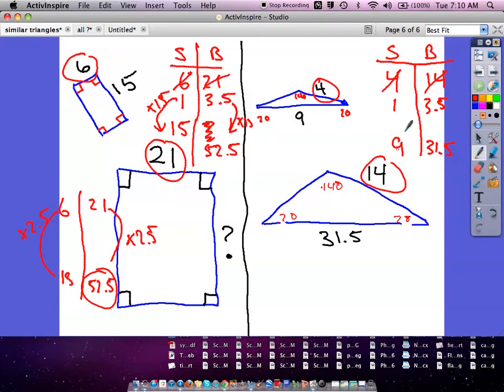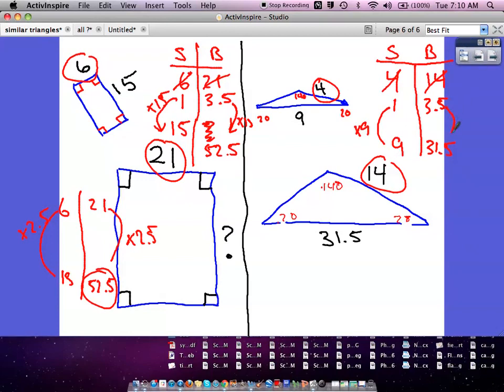So now we got to see, are these similar? And it would be similar if I can multiply this to get this and this to get this by the same number. So obviously this one's going to be times 9. So the test is, is 3.5 times 9 31.5? And if I do 3.5 times 9, that is 31.5.